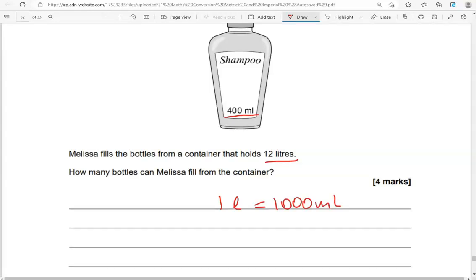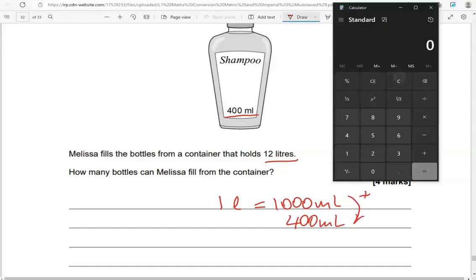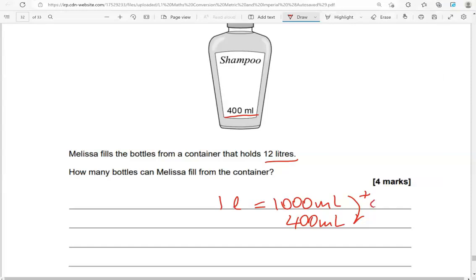So what about 400 millilitres? How do we get from 1000 to 400? So I'm going to do 400 divided by 1000, which is 0.4. So I'll do the same times 0.4 gives us 0.4 litres.